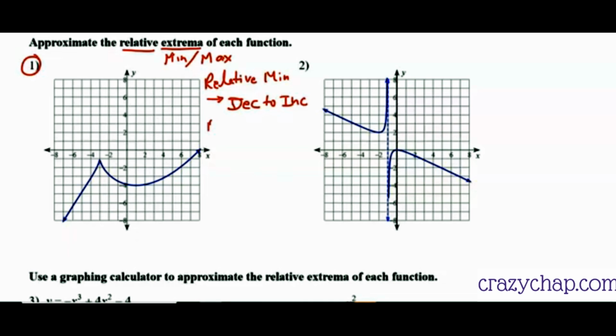And when do we have relative maxima? When the function changes from increasing to decreasing. First we'll understand through an example when we say a function is increasing or decreasing.